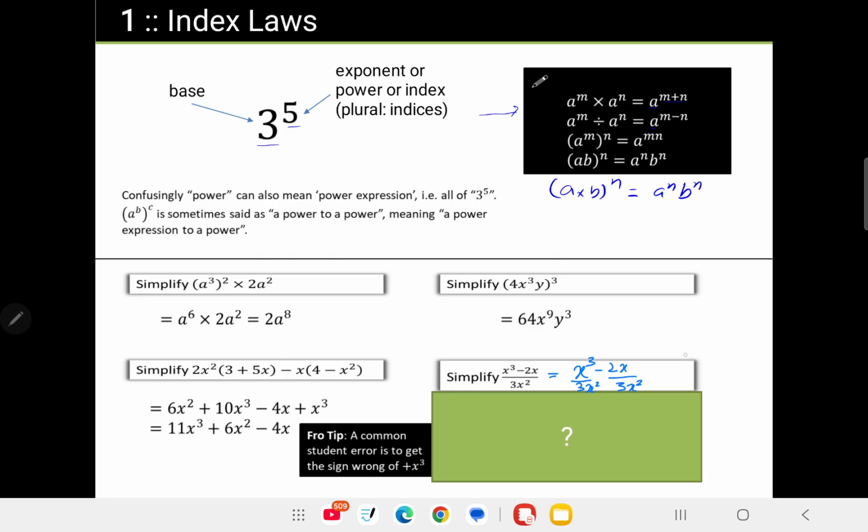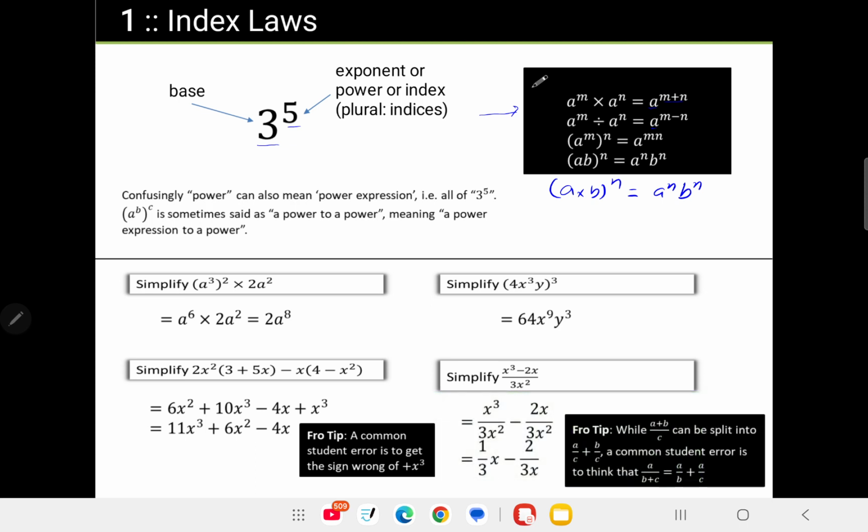Now x cubed divided by x squared, we take away the powers, so 3 minus 2 is 1, so we are left with x over 3. For the second term, this power is 1 and this is 2, so you're left with 2 over x. So the answer is x over 3 minus 2 over 3x.